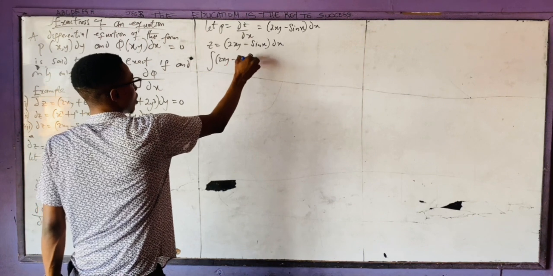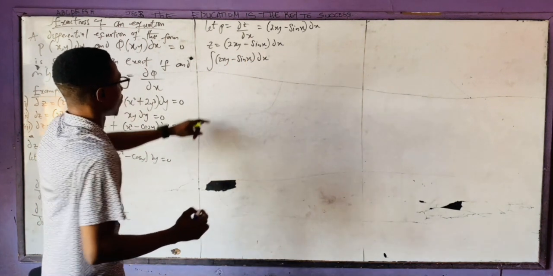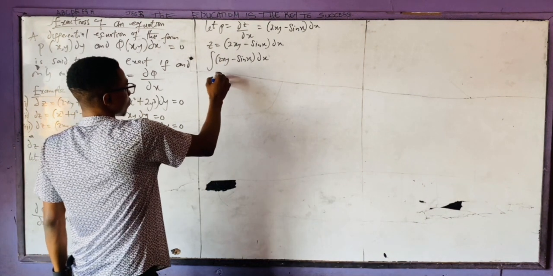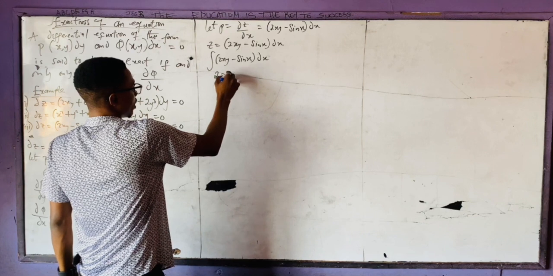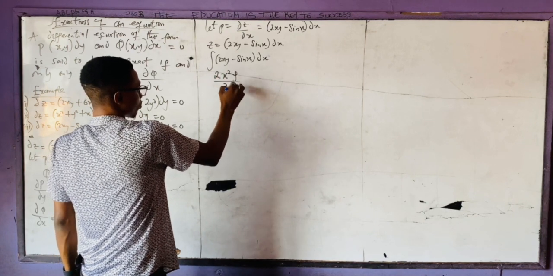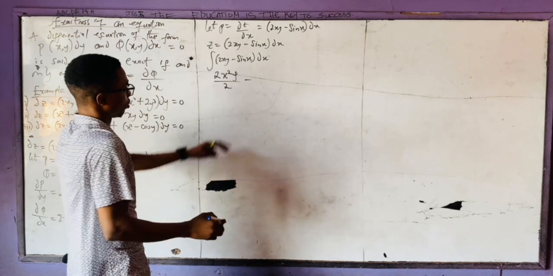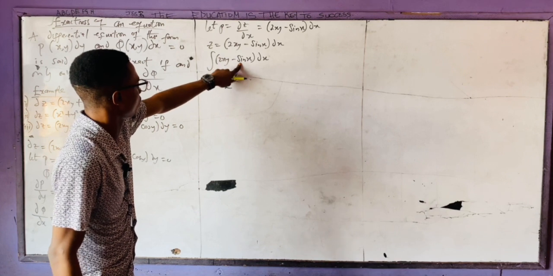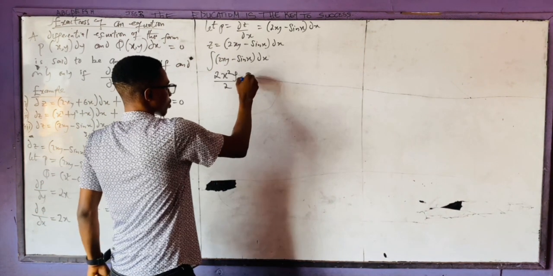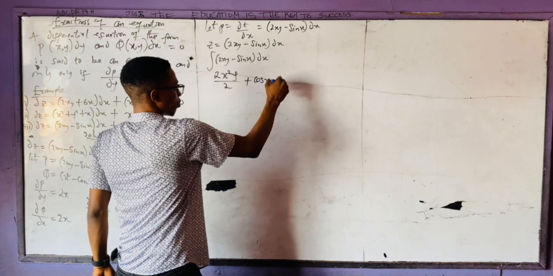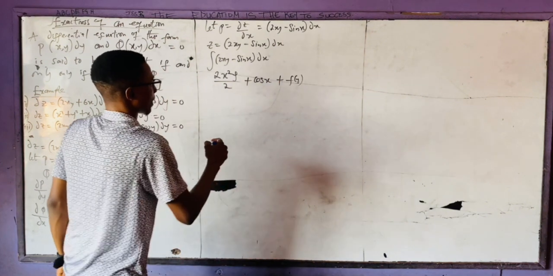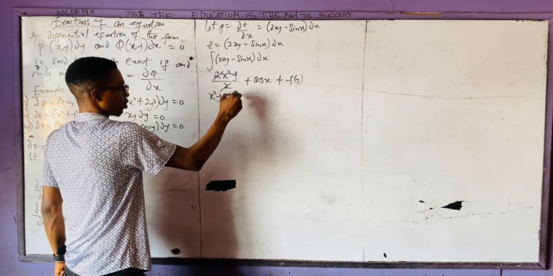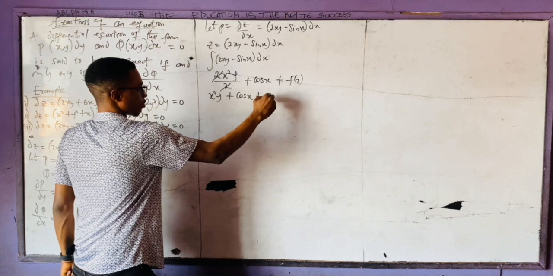If I integrate 2xy with respect to x, I'm going to have 2x squared y over 2. If I integrate minus sine x with respect to x, I'm going to have plus cos x, plus f of y. Now this goes with this: I have x squared y plus cos x plus f of y.